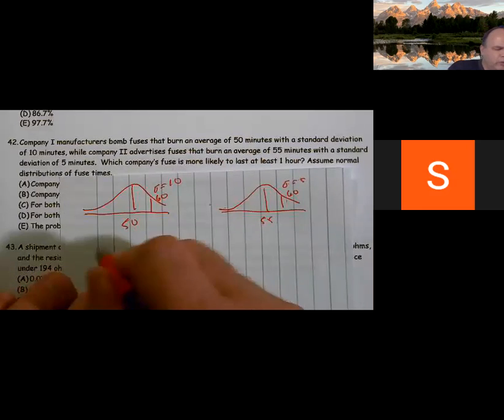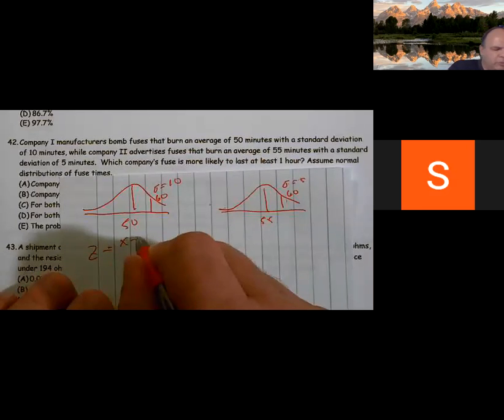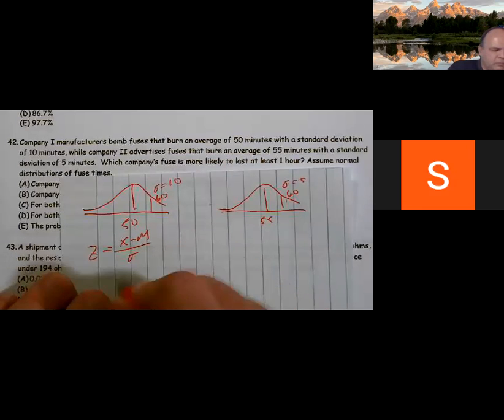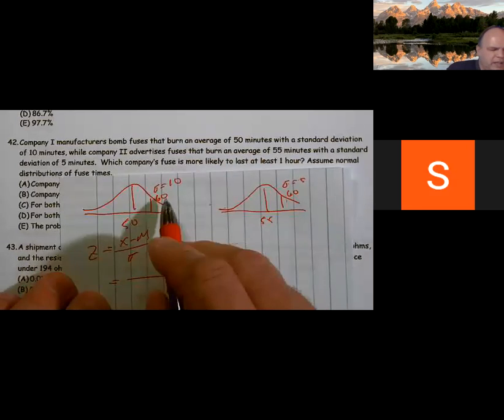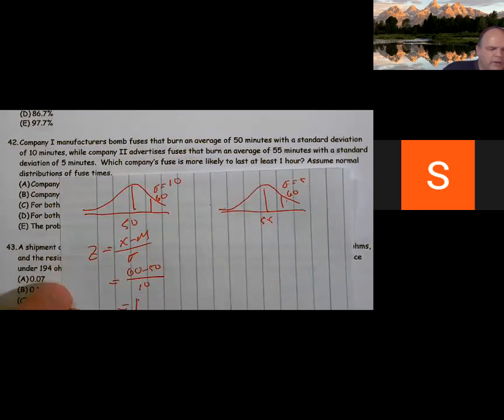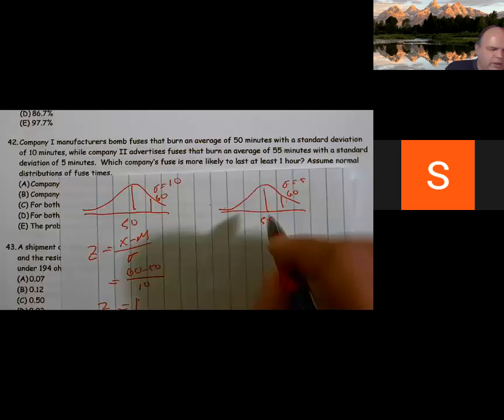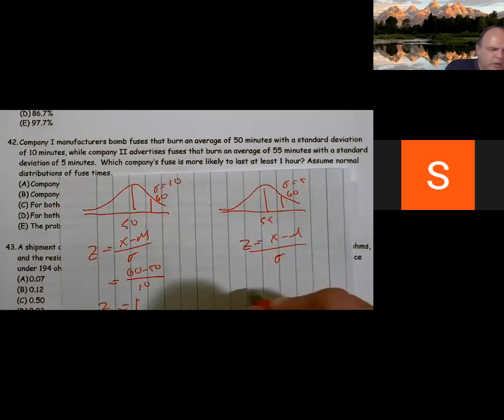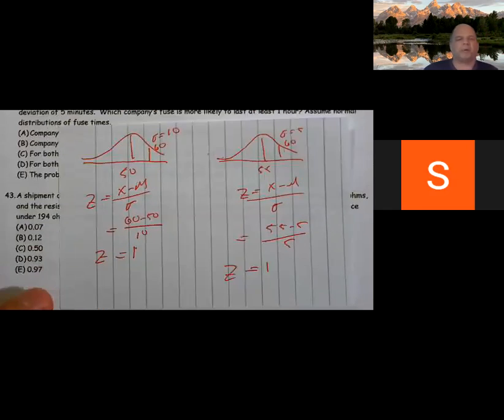So if I go z equals x minus mu over sigma, so this is going to be 60 minus 50 over 10. That's 1 standard deviation, so z equals 1. If I do the same thing over here, z equals x minus mu over sigma equals 60 minus 55 over 5. So z also equals 1. Because they have the same z-score, I know they have the same probabilities.